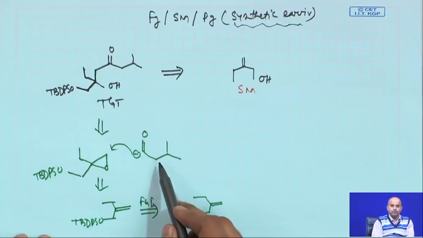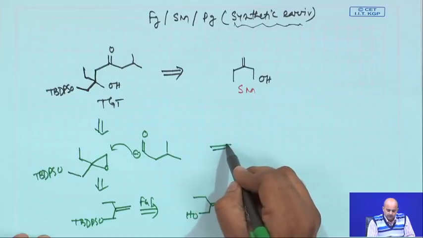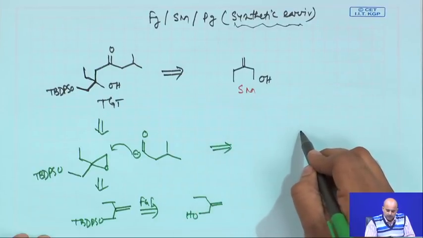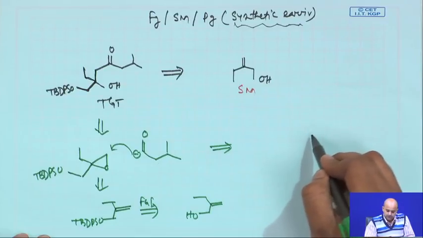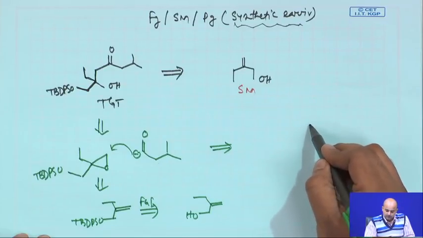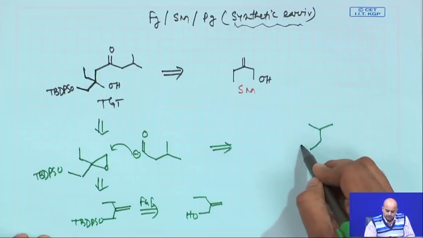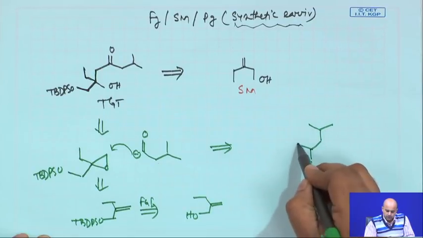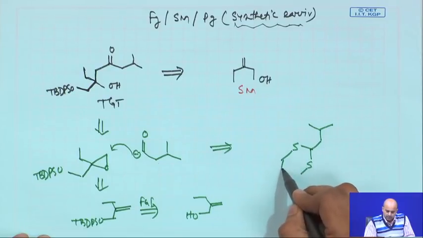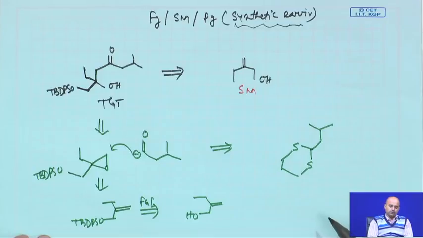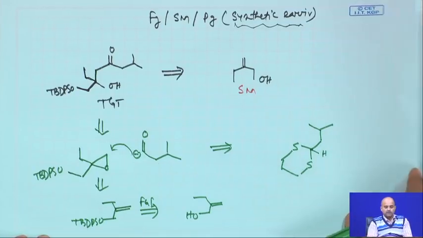Now, this anion you can basically create by a standard technique, and the best way is to take the corresponding 1,3-dithiane, which we often explore for the corresponding anion chemistry. So, this part is the hydrogen which will be abstracted and will generate the anion.